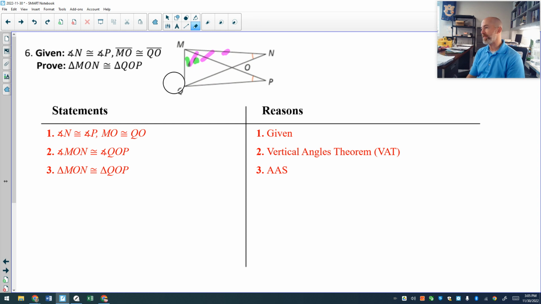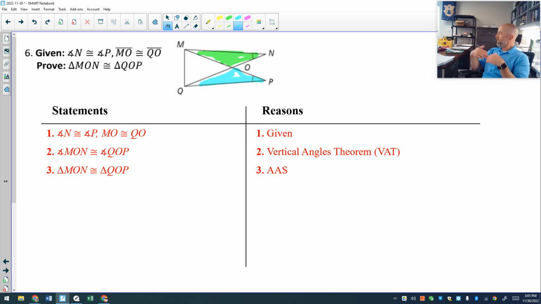But if you look at the statement, we're trying to show the triangle MON, this triangle, is congruent to this triangle. So it may not be a bad idea, when you have the overlapping triangle thing and it's not obvious what the 2 triangles are, if you have colored pencils or a highlighter, to just lightly fill it in so it's easier to visualize and lock in on those.